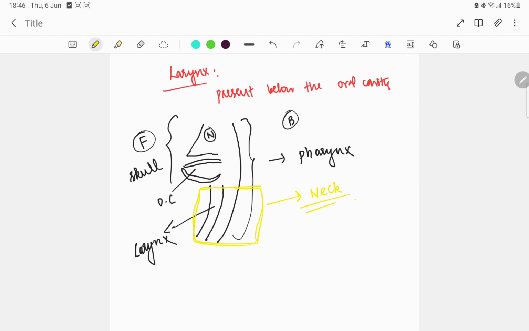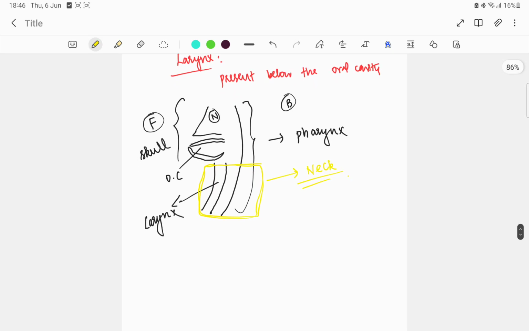If you cut open the neck, then only you will be able to appreciate these two structures. One more point I want to mention here: the larynx is anterior. Anterior means the larynx is present in front of the neck and the pharynx is present on the posterior aspect, just behind the larynx. These two points are very important.